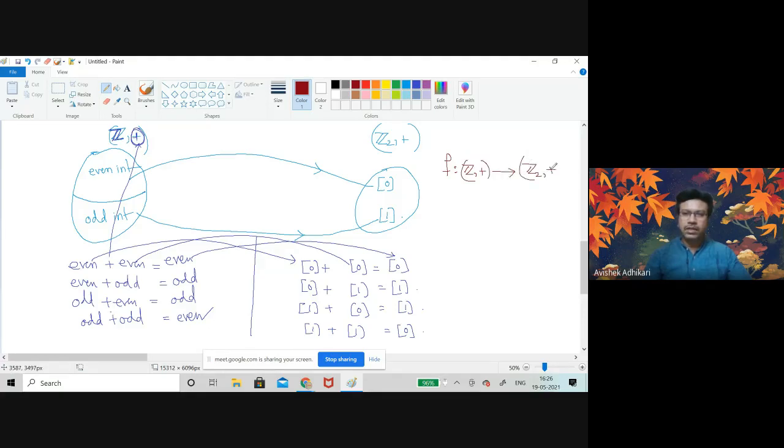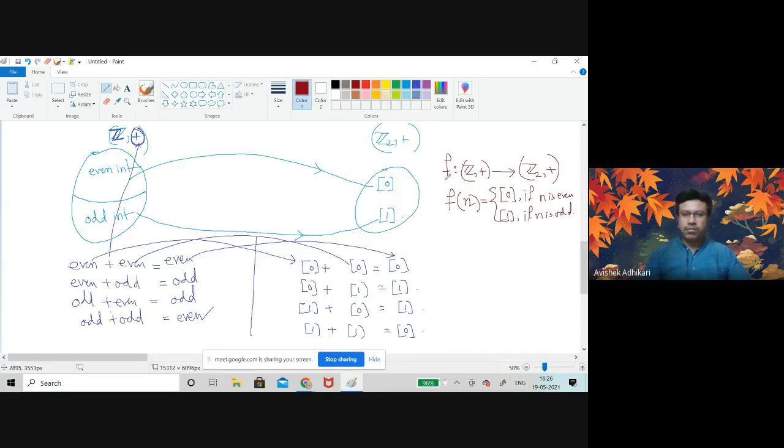You are mature enough to understand that this plus and this plus are not the same. This plus is addition modulo 2, whereas this plus is the addition of integers. Now how should I define this? f of n equals class 0 if n is even, and equals class 1 if n is odd.